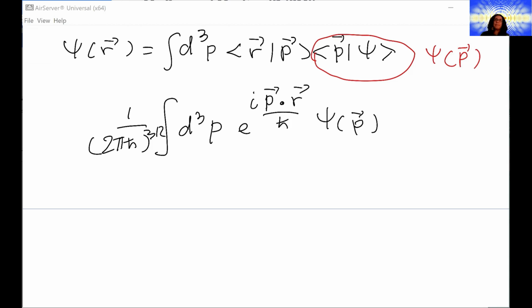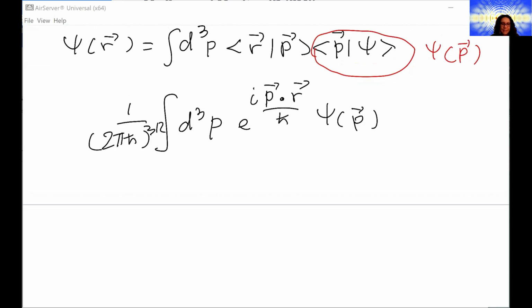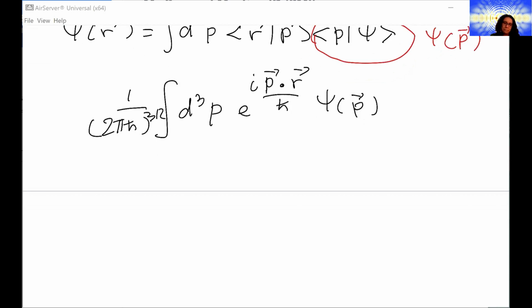And similarly, if you want to move from P to R, we're going to go backwards, right?